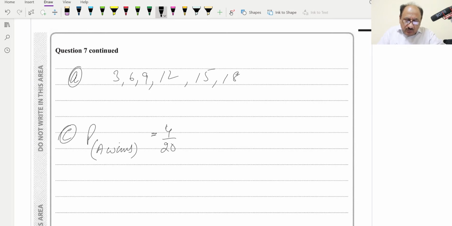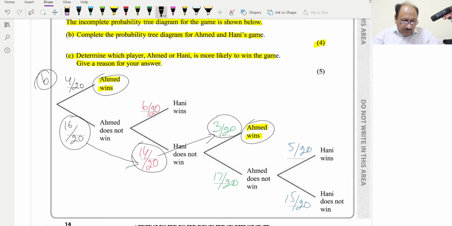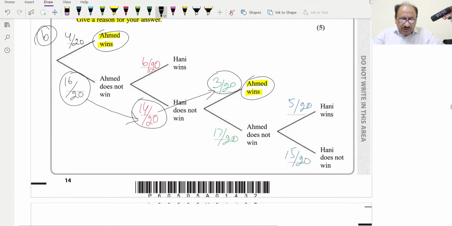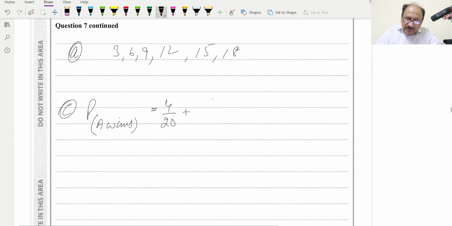And we will be adding the probability of this other win, which is taken by this route, so we'll multiply this with this with this: 16 by 20, 14 by 20, and 3 by 20 will be multiplied. 16 by 20 into 14 by 20 into 3 by 20.